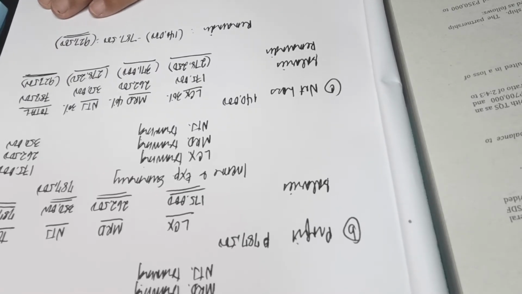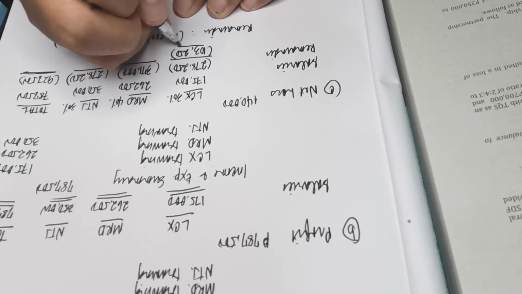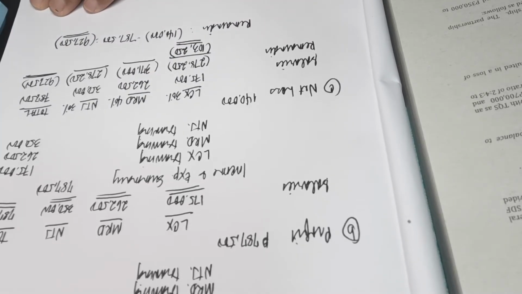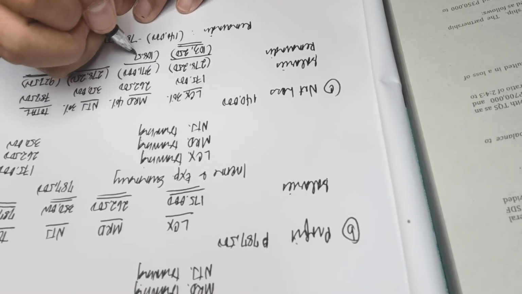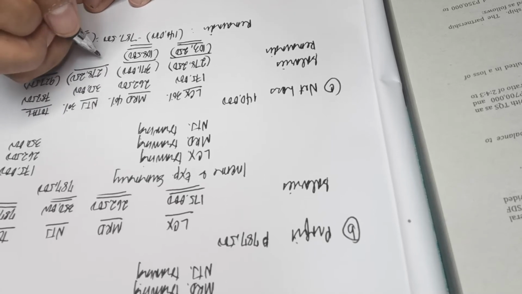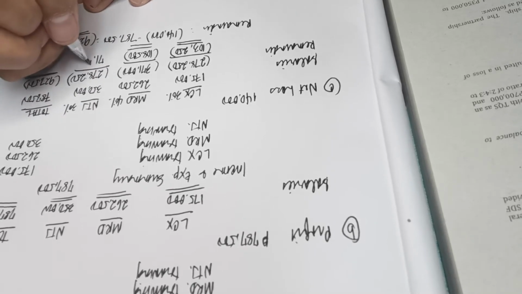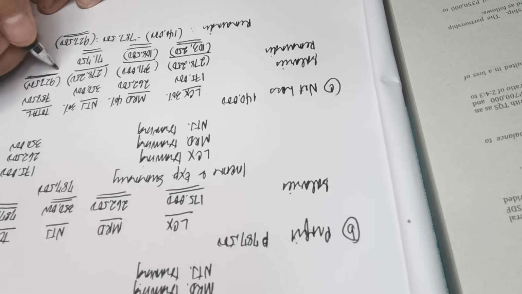So magkano ngayon? Okay, 175,000 minus 278,250. This is negative 103,250. MRD: 262,500 minus 371,000, negative 108,500. NTJ: 350,000 minus 278,250, that's 71,750. So yung isa positive, no?